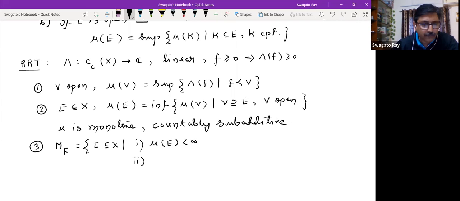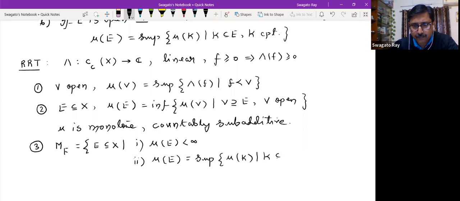That is, mu of E, inner regularity meaning approximation from inside by compact sets, should be the supremum of mu of K, where K is a subset of E and K is compact. This is how MF was defined.